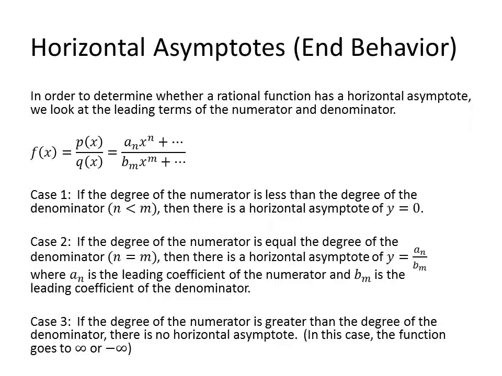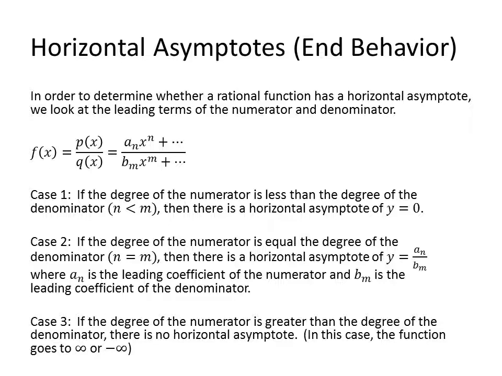The first case is if the degree of the polynomial on top in the numerator is less than the degree of the denominator, then there's a horizontal asymptote of y equals 0. In other words, if the highest power on the bottom is bigger than the highest power on the top, then the horizontal asymptote is y equals 0, which means that the graph will approach the x-axis as it gets further and further from the middle.